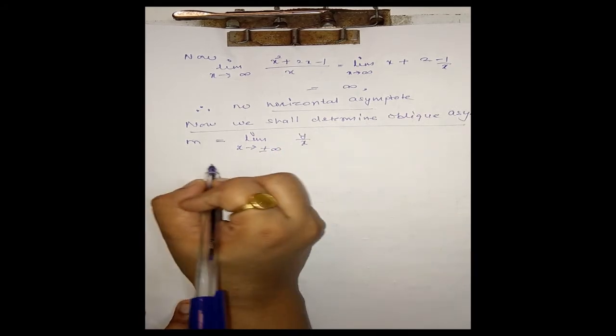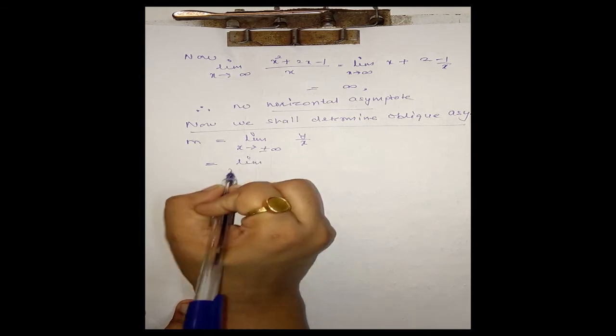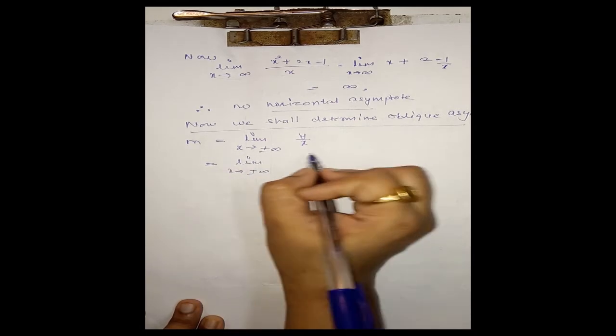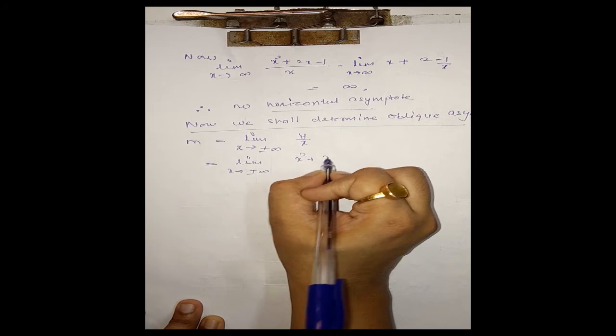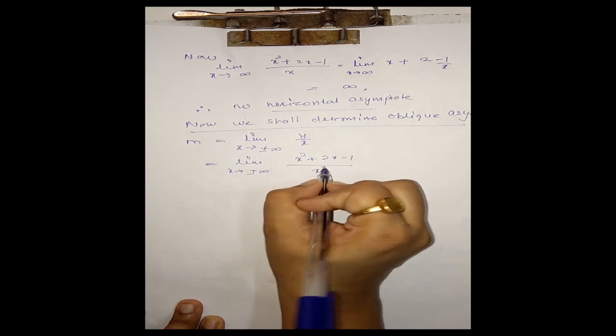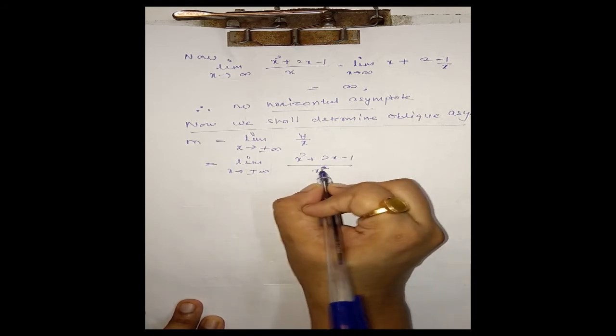Now this is limit x tending to plus or minus infinity of (x² + 2x - 1)/x², since y/x has x squared in the denominator.